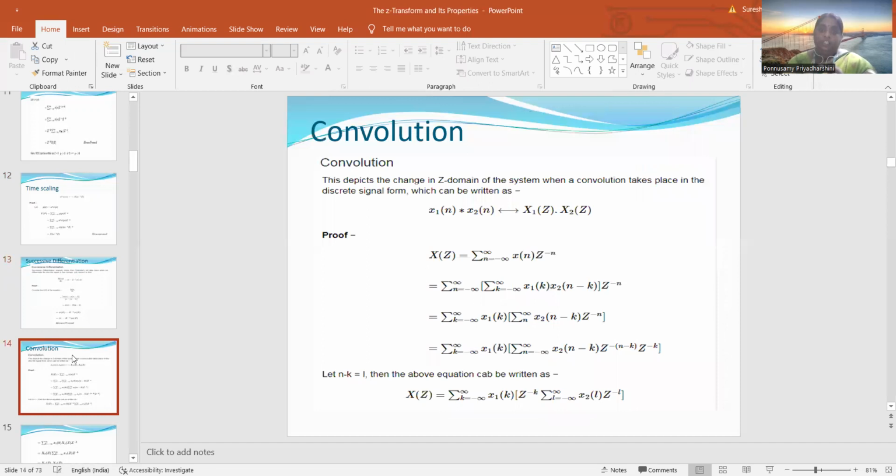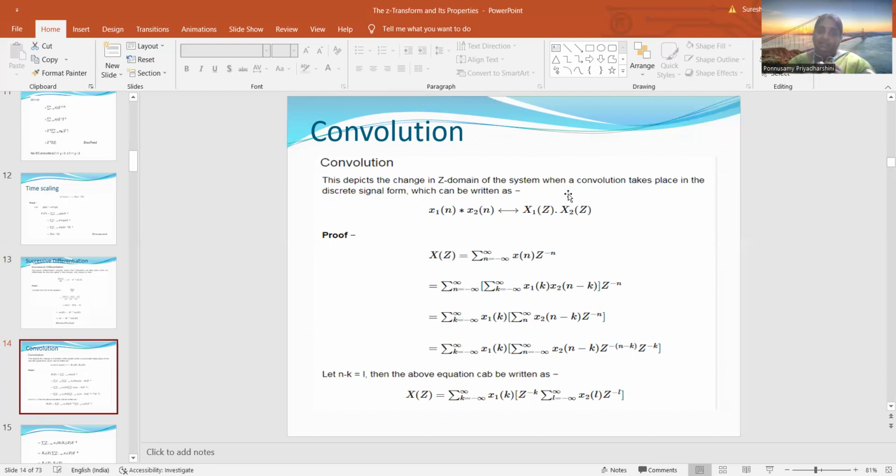And the last one is convolution. Convolution means two signals are convolved by using the Z transform property. This depicts the change in the Z domain of the system when a convolution takes place in the discrete signal form, which can be written as x1 of n convolved with x2 of n tends to X1 of z into X2 of z. We know that X of z is the summation from n equals minus infinity to infinity of x of n z to the power of minus n.